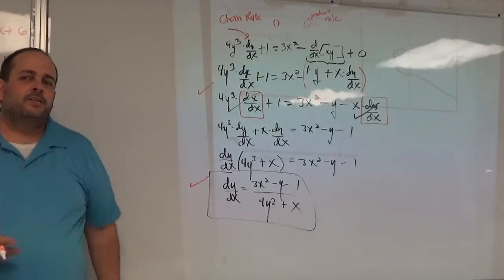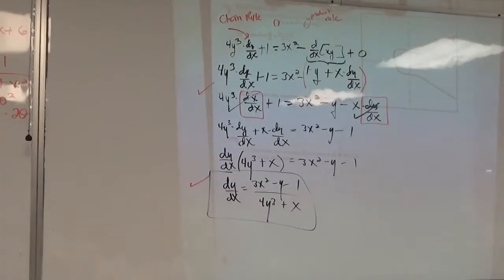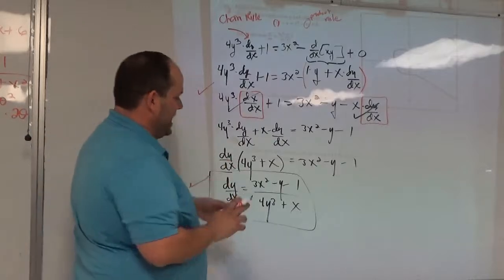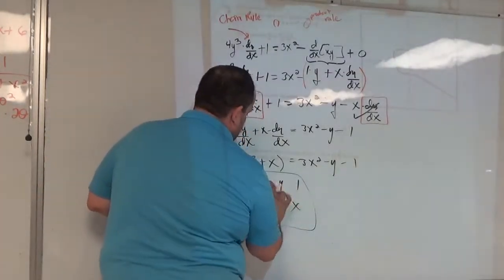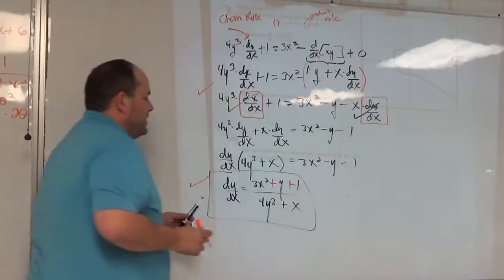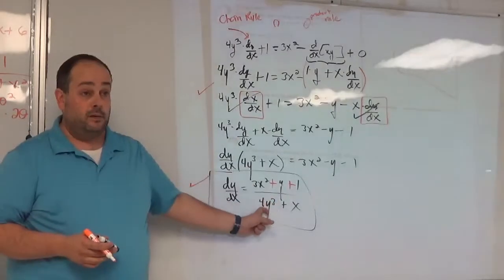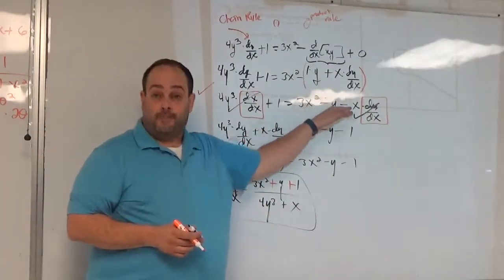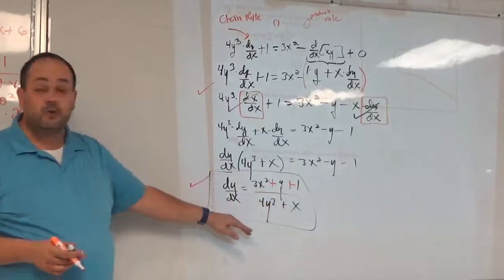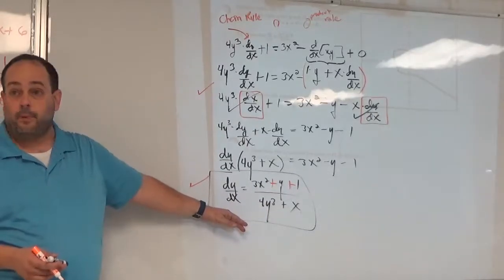Yeah. So, last class, Sylvia asked the question. She was like, but wait a second, what if I make a mistake? What if I write 3x squared plus y plus 1, and then I move on to part B, and I use my wrong answer? Will I still be able to get points?